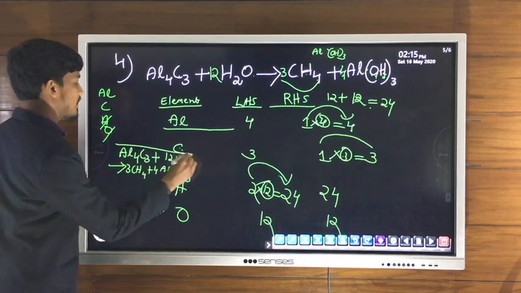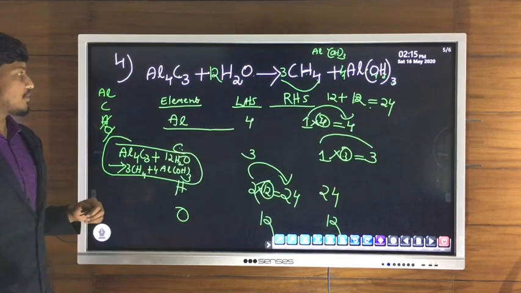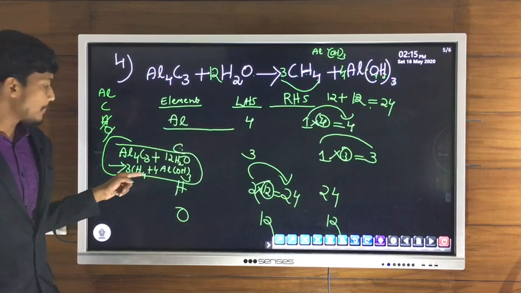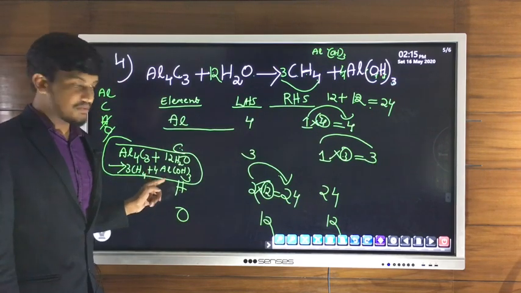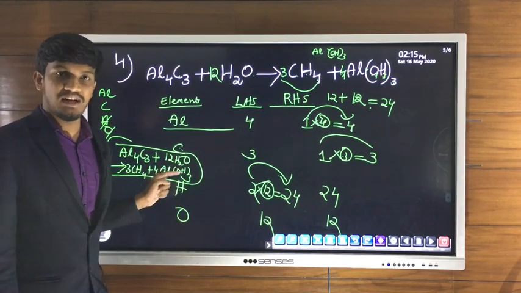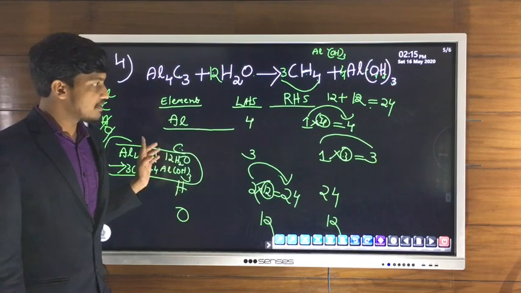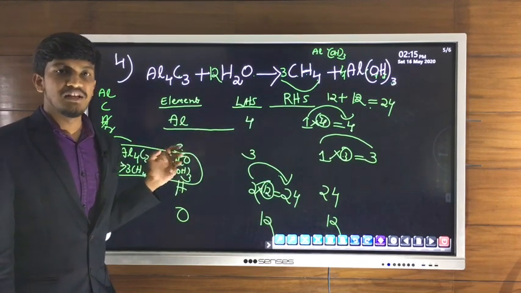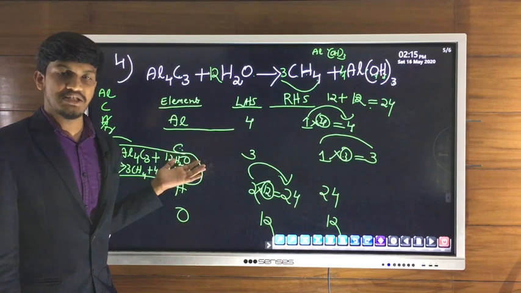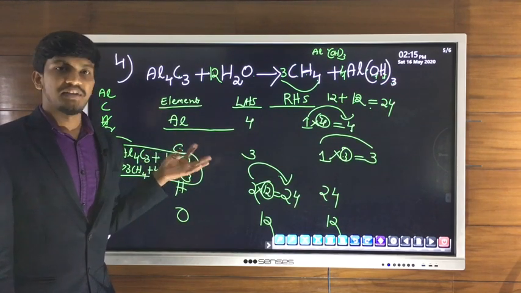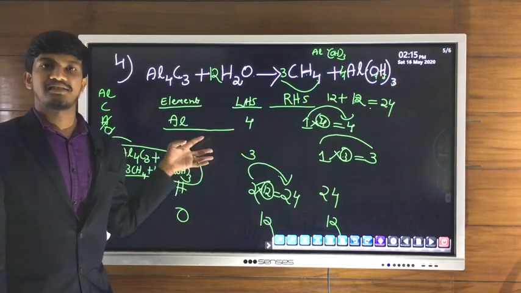This is the answer we have. So these are some of the examples of balancing of chemical equations. We will discuss more examples in the next session. Thank you.